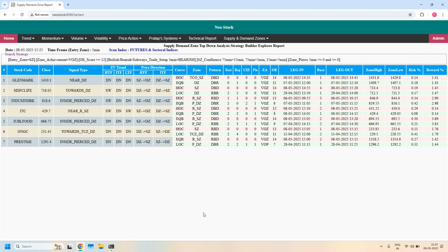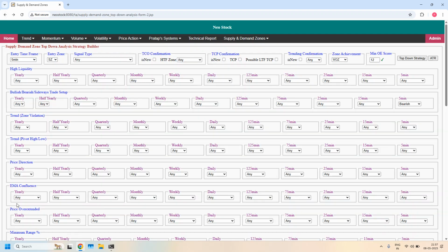If any of those 4 stocks are having 75-minute supply zone with daily EMA, probably they might be having even more better probability to get success. So I'm going back, EMA confluence at 75 minutes time frame, checking 75 minute supply zone having daily EMA or not. At the same time, trend on the 75 should not be sideways.